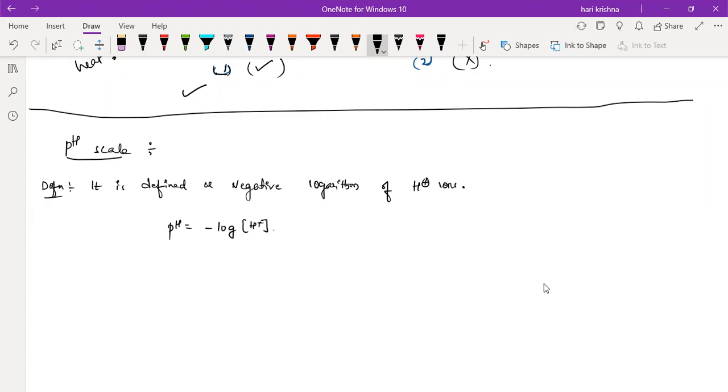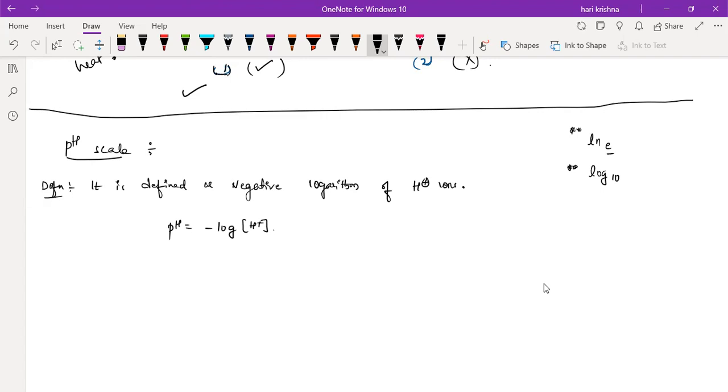I think you know the difference between ln and log. ln means natural logarithm, to the base e.